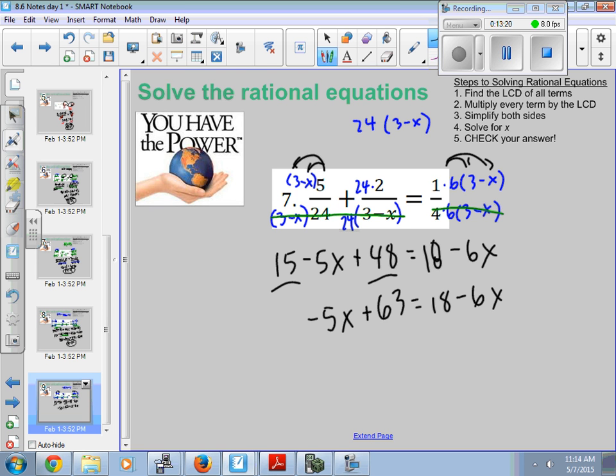And then get all your like terms on the other side, so we could add a 6x here. And we get this, and last step, minus 63. And we get negative 45.